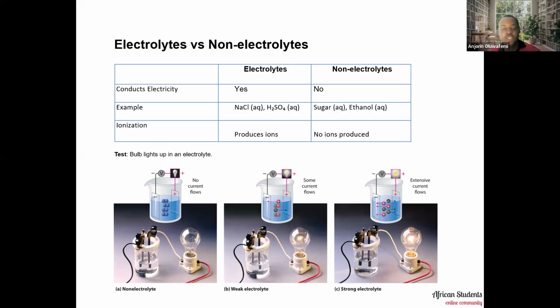When the electrolyte is weak, yes, some current will flow, but it will not be so much, so the bulb will not be radiant the way it's supposed to. Then when you have stronger electrolytes, you can see an extensive current flow, and the bulb lights up brightly. So that's basically the difference between electrolytes and non-electrolytes.